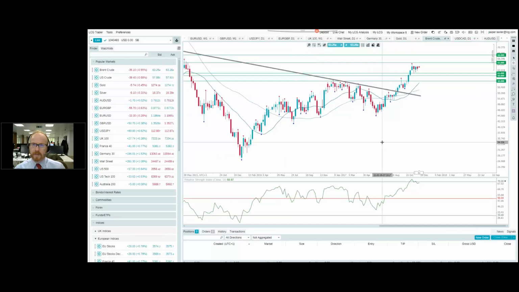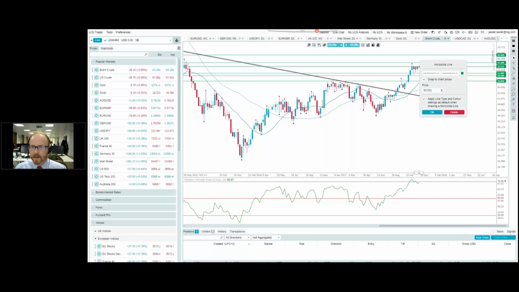Just on a weekly basis, you can see that there are a few long wicks coming in at that 61 level. Obviously, we've not been quite able to take out that level here, which is basically the 63.50 level, has been a bit of a stumbling block, and then obviously the 65 just above it.